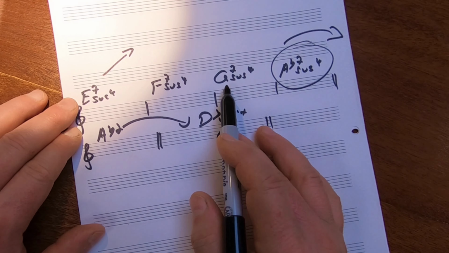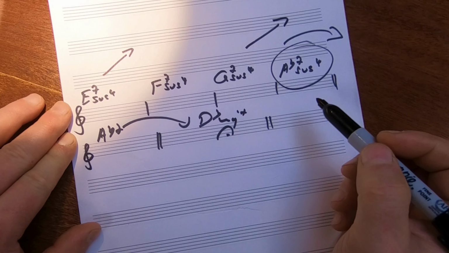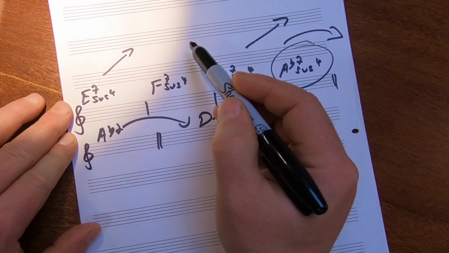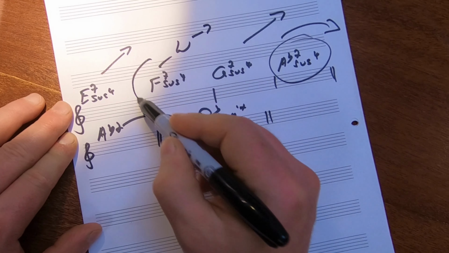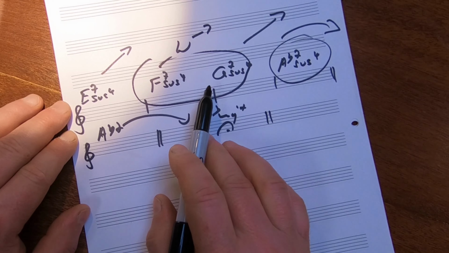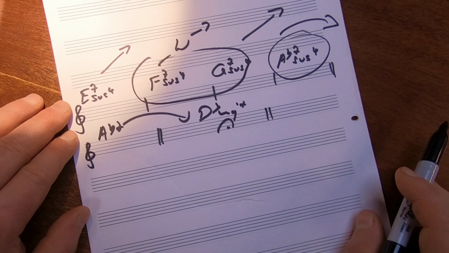Between G and E flat, half a step jump. Between F and G, it's a whole step jump. Okay, so these jump by major second and others by half.